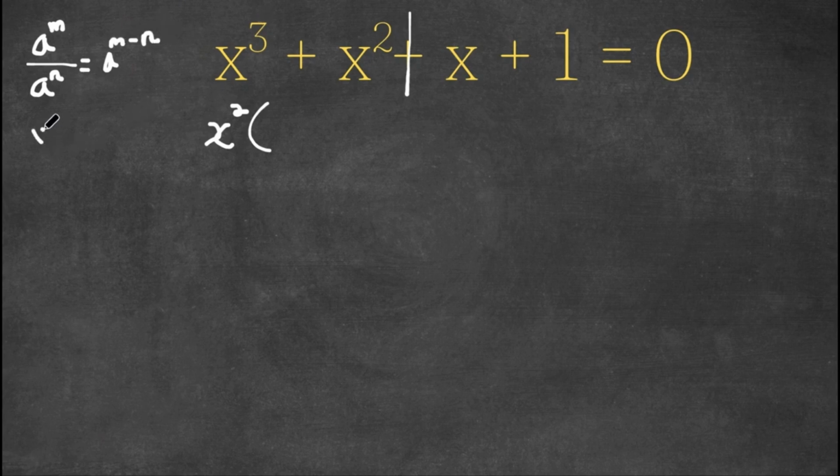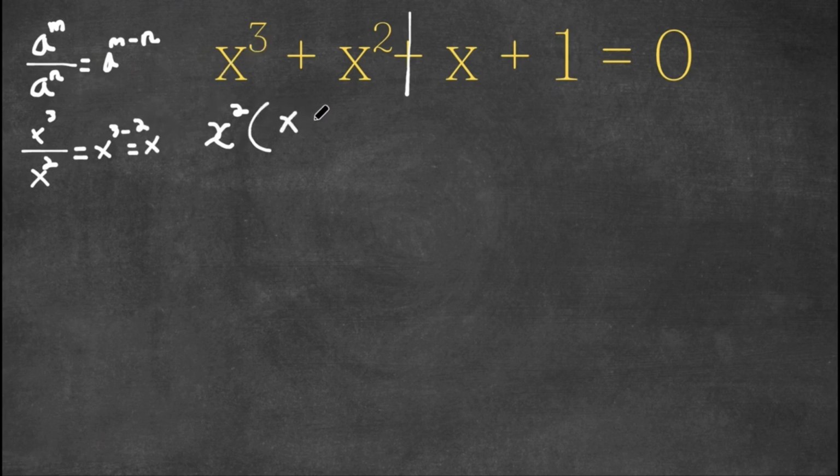So x to the power of 3 over x squared would equal x to the power of 3 minus 2, which is simply just x to the power of 1, which is x.